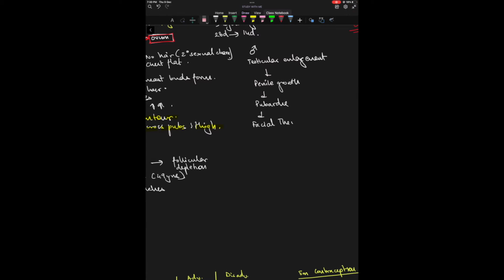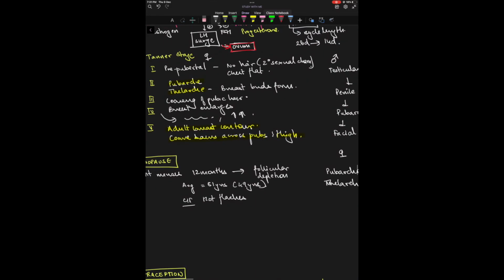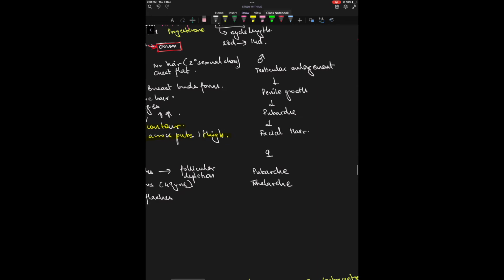Sorry again for my bad writing. While in females, we saw that there is pubarche, then thelarche. And here first is testicular enlargement, then pubarche. Like in females, hair will come first, and in males, hair will come later.